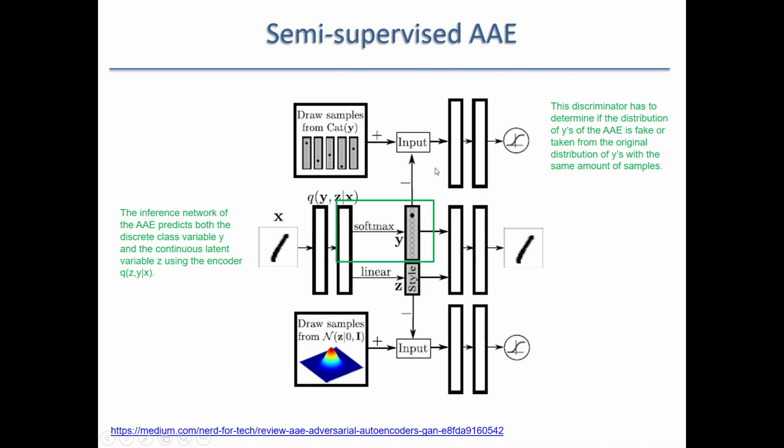This discriminator, for a batch, has to say whether the set of y's coming from the batch is coming from the encoder of the autoencoder, or it is coming from truly generated labels coming from the data set. So this somehow encourages that the proportion of y's produced by this autoencoder is similar in the generated data and in the true data.